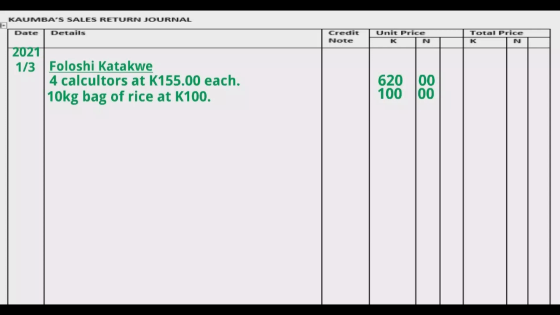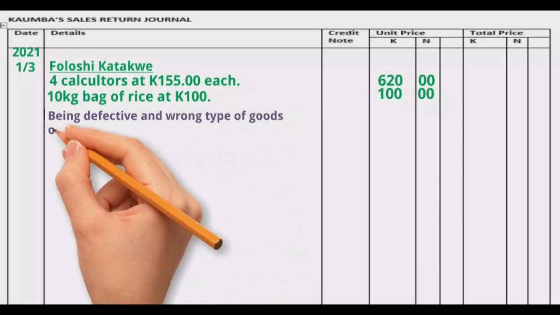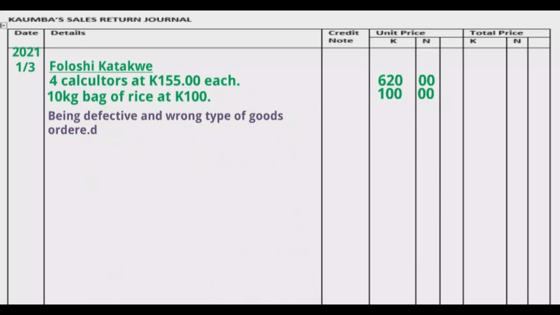Then I'm going to write the reason rice was brought back: it was wrong type of goods ordered, and the calculators are defective, which means they have got faults.